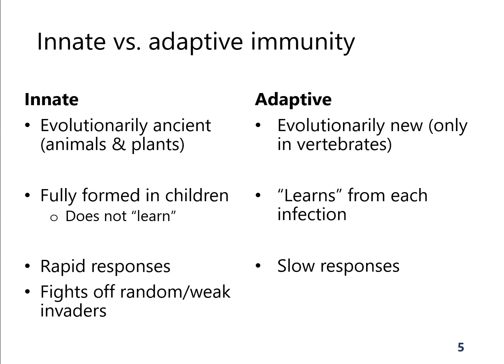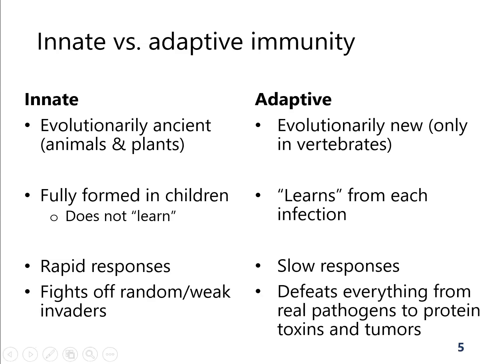But they would eat us if we didn't have an innate immune system. So that's what the innate immune system is for. It's for fighting off the things that are not really adapted to causing disease. Whereas the adaptive immune system can help us fight those off, but it also can fight off the ones that are highly specialized for causing disease.